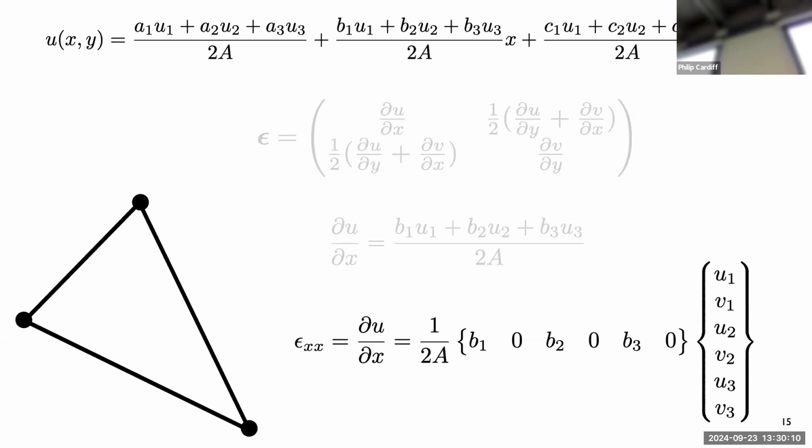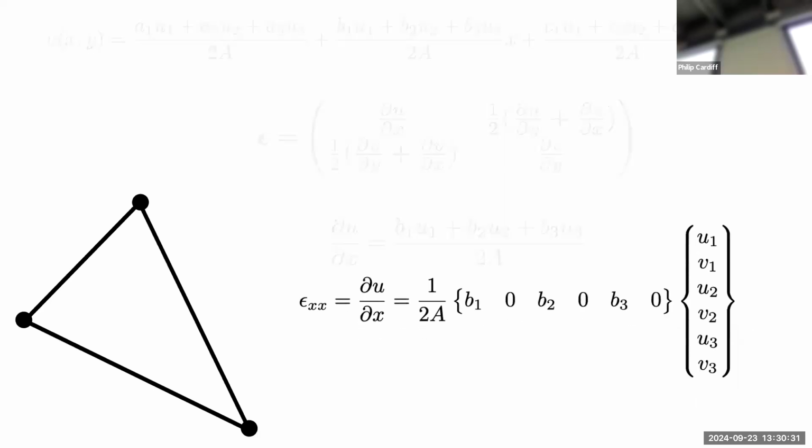If you multiply row by column, you'll see it's b1 by u1, b2 by u2, b3 by u3, all divided by 2A. So you get back this scalar, row by column. So why do we do that? Well, it just lets us come up with a common nomenclature for describing the strain components.